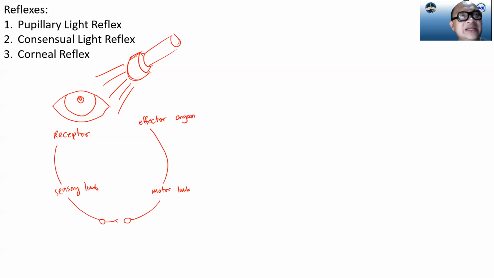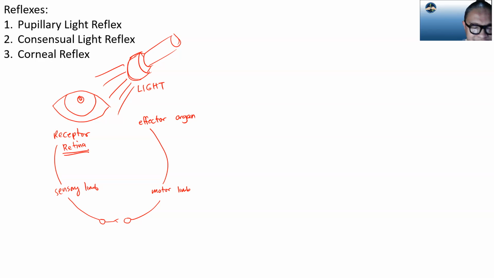Now, when we are dealing with these reflexes, you have to define these four. So when you are talking about the pupillary light reflex, what's your stimulus? Your stimulus is light. What's your receptor? Those are the cones and the rods. That's your retina.